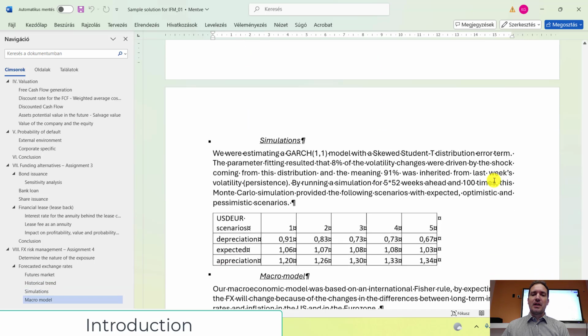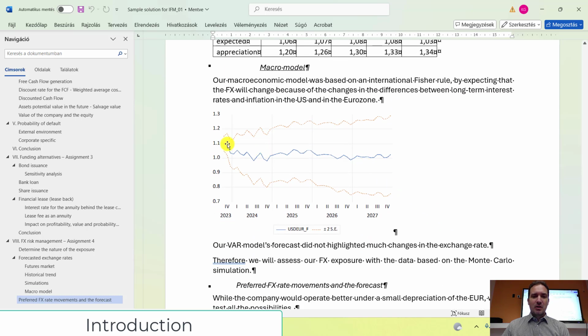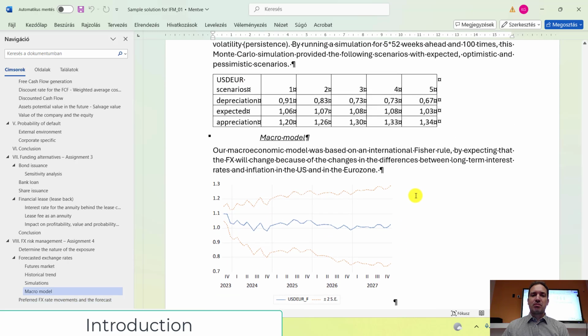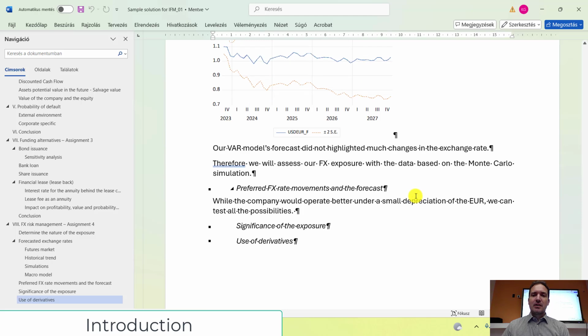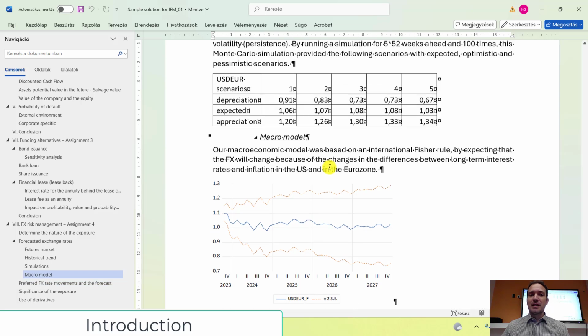And also when I did the simulations, this is what I was able to come up with. The macro model was also saying that there will be some kind of depreciation. And when we had to define the preferred exchange rate movements and the forecast, we were able to see that while the company would operate better under a small depreciation of the euro, we can test all the possibilities. So this is what we will test.